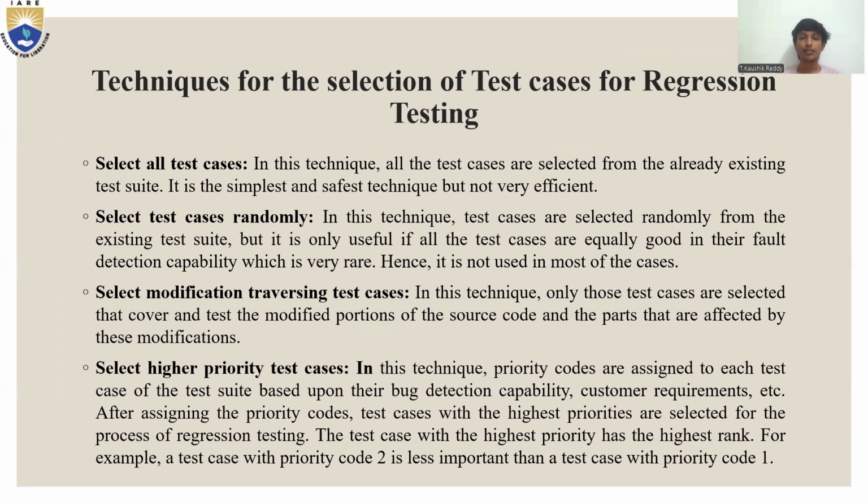In this technique, priority codes are assigned to each test case of the test suite based upon bug detection capability, customer requirements, etc. After assigning the priority codes, test cases with the highest priorities are selected for regression testing. The test case with the highest priority has the highest rank. For example, a test case with priority code 2 is less important than a test case with priority code 1.